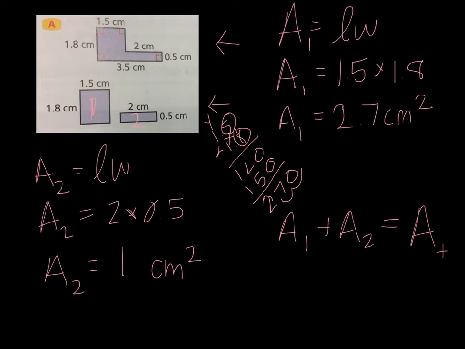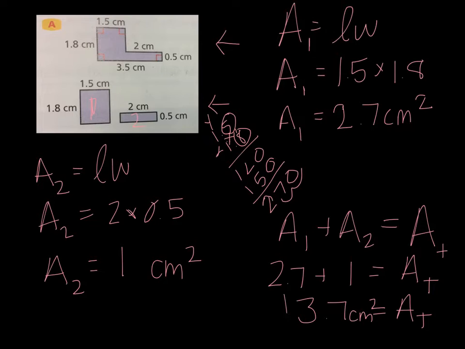So then I would do area figure 1, 2 and 7/10 plus 1 equals area T. So the total area would equal 3 and 7/10 centimeters squared. We got to make sure we get our unit in our answer. So that is our first one.